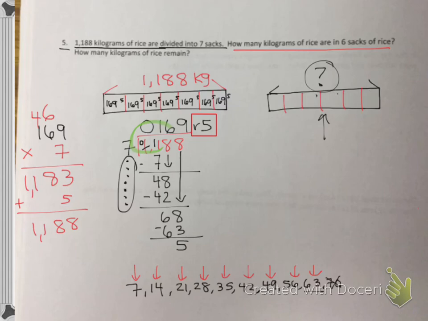Well, let's read the instructions one more time because I was a little confused too. And here is how many kilograms of rice remain. So that is the pickle here. Is what remains.